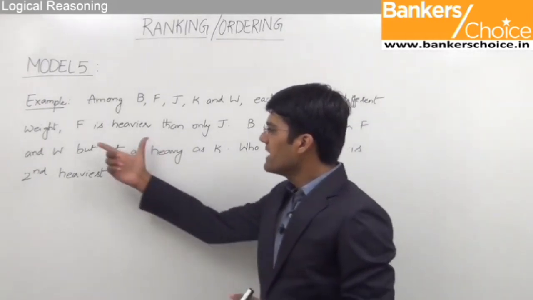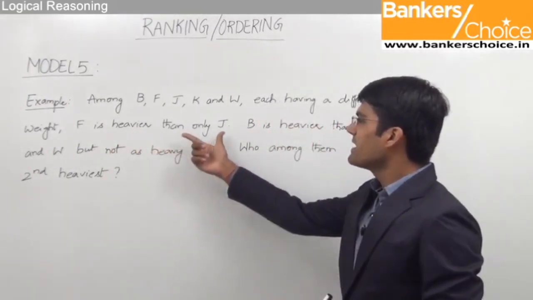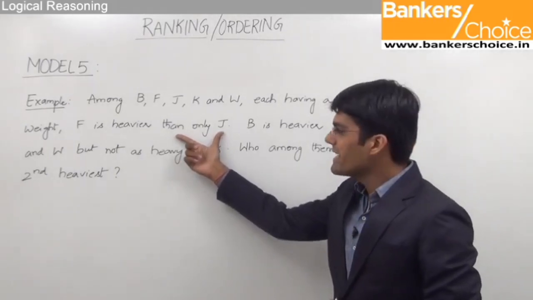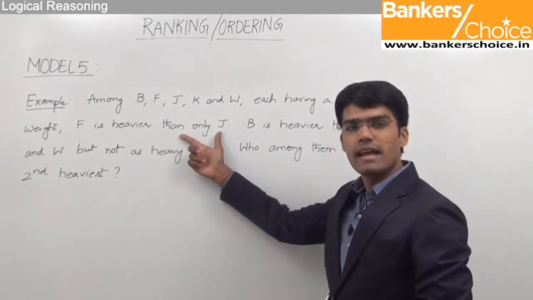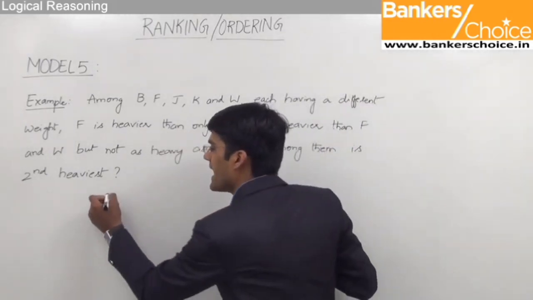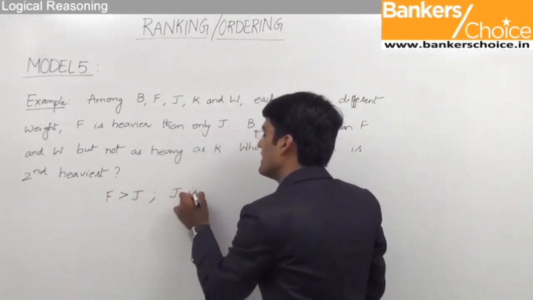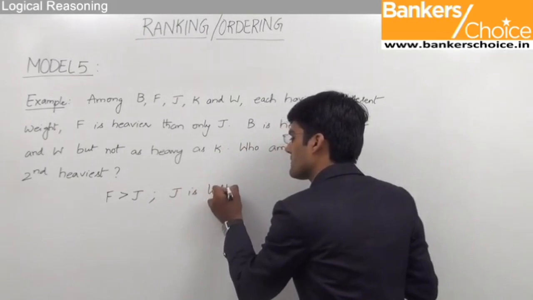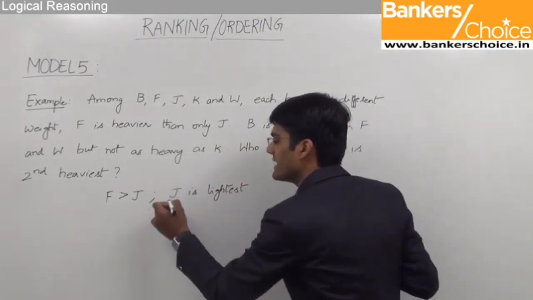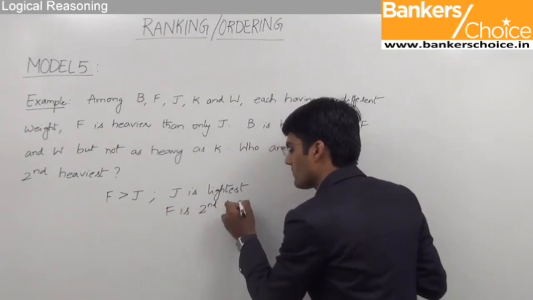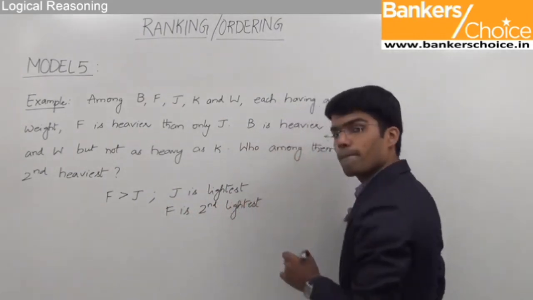Moving on to the next point, it says F is heavier than only J. So as already discussed, when the given statement says F is heavier than only J, we can understand that F is greater than J and J is the lightest person. And we can say that F is the second lightest person.